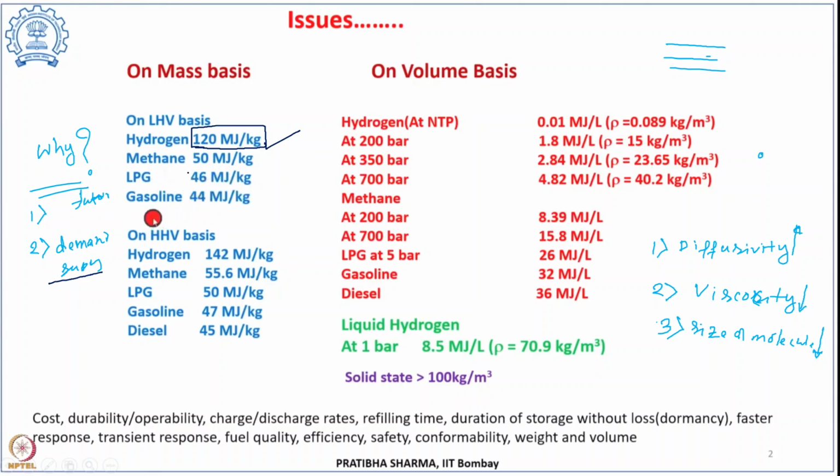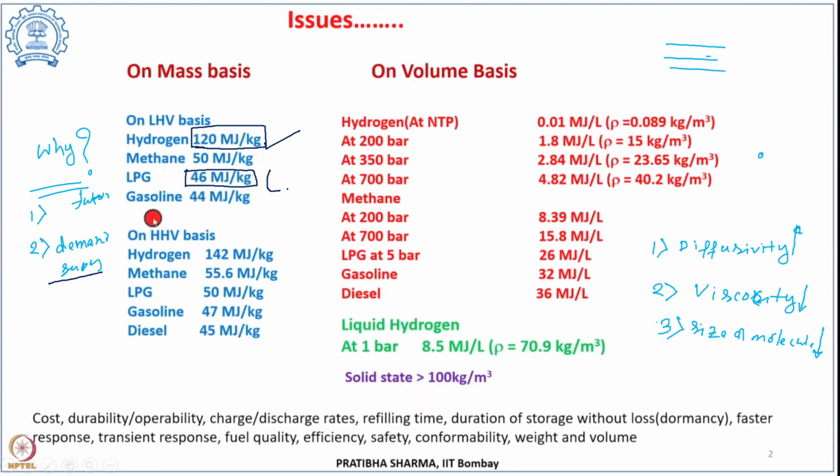In the case of LPG, only 46 megajoule of energy from 1 kg. But this 1 kg of LPG you can store in a small cylinder.